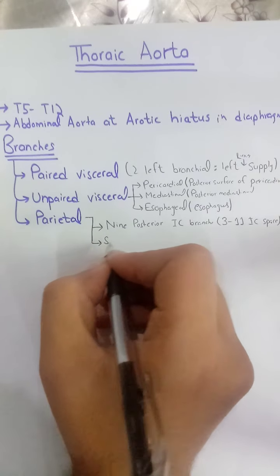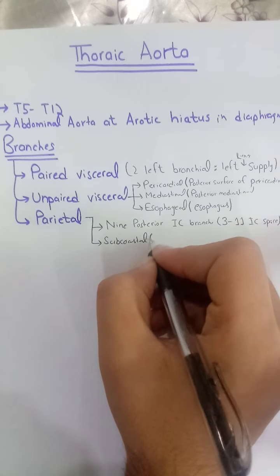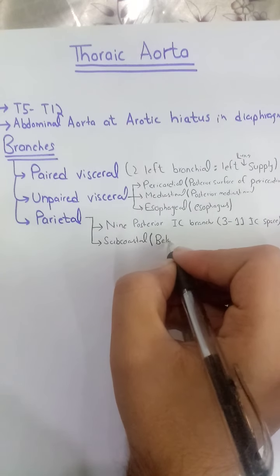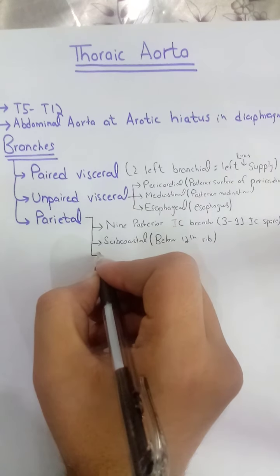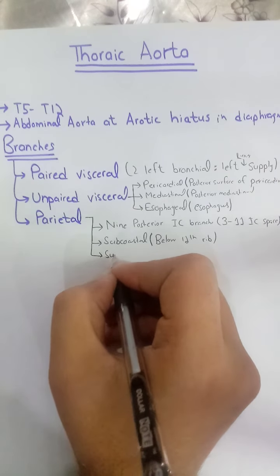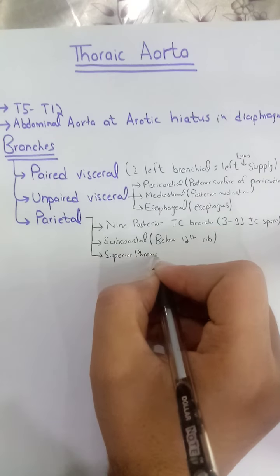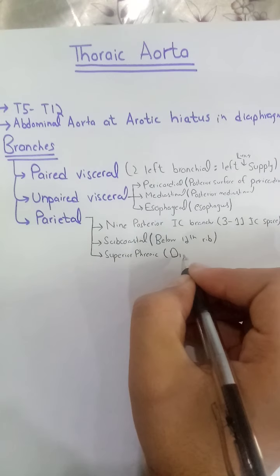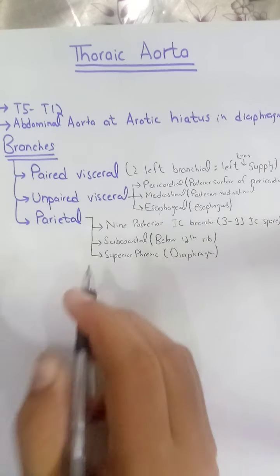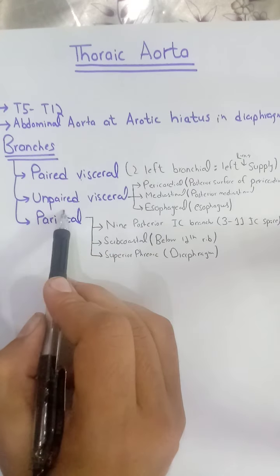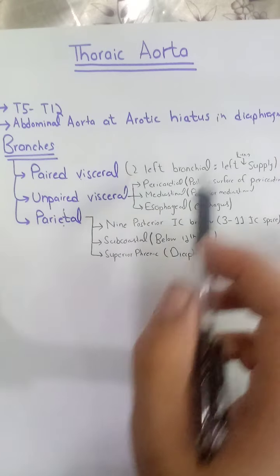And the subcostal artery, which will supply the subcostal space below the 12th rib. And the superior phrenic, which will supply the diaphragm. So these are the branches: the paired visceral, the unpaired visceral, and the parietal branches, and the parts they are supplying.